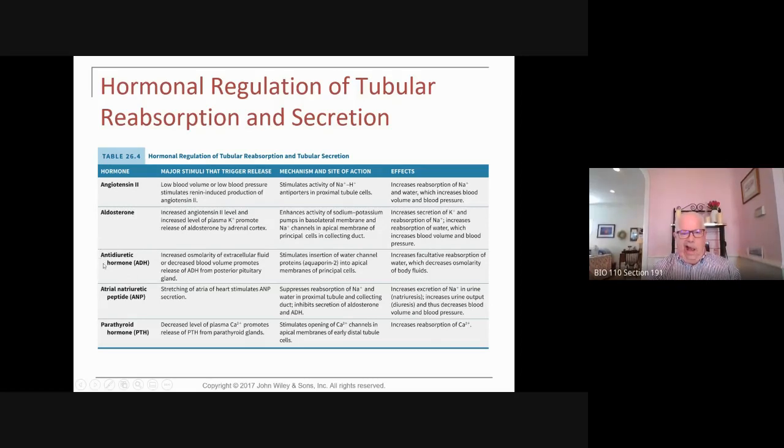It's a drug that I would ask you on an exam, okay? Because it's a naturally occurring compound. What happens when you drink alcohol? You inhibit ADH and you urinate more.